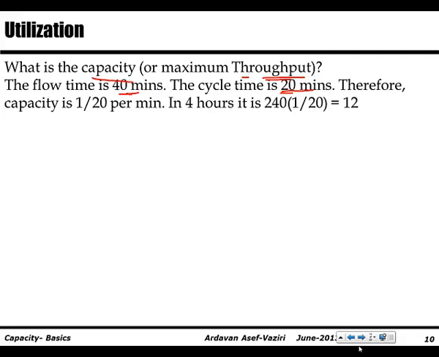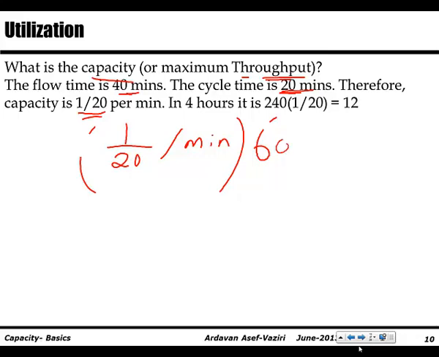So the capacity, because every 20 minutes we can produce one product, is 1 over 20 product per minute. If I multiply this by 60, that would be per hour. 60 times 1 over 20 is 3 per hour.